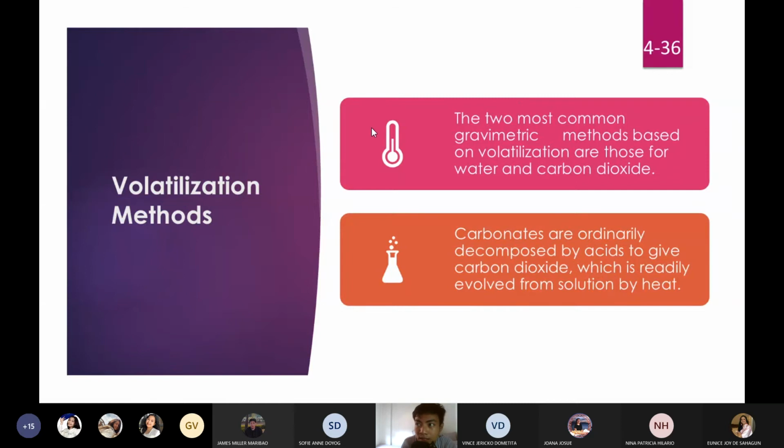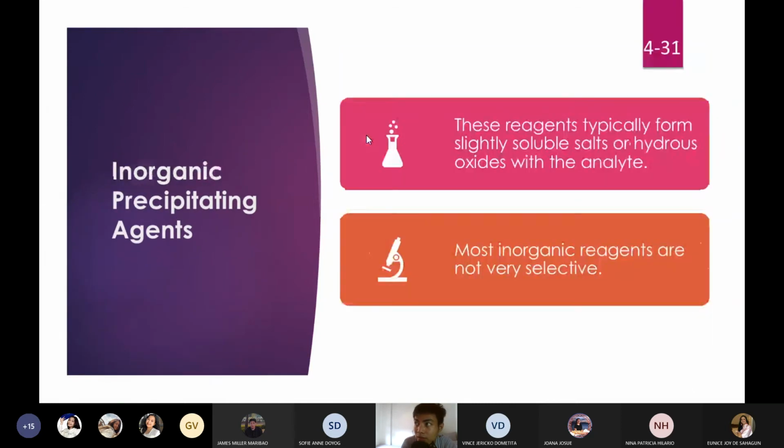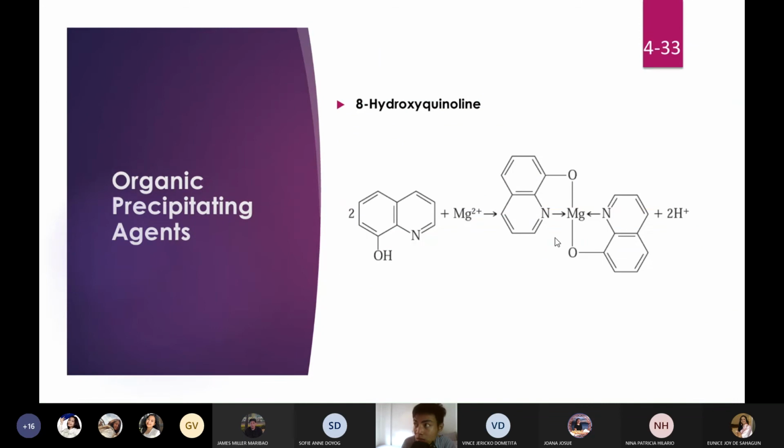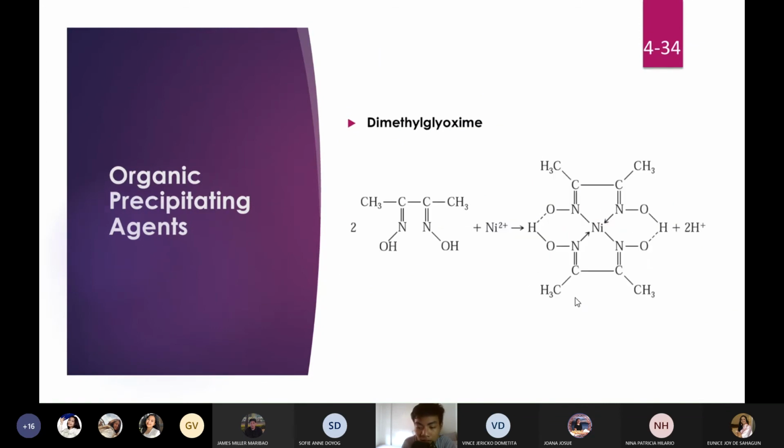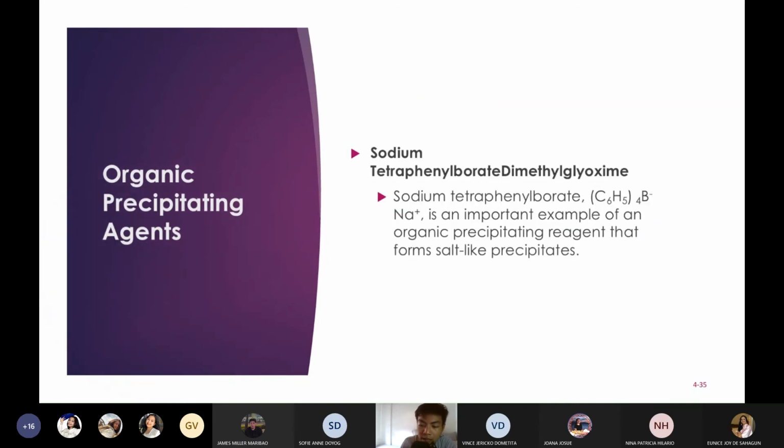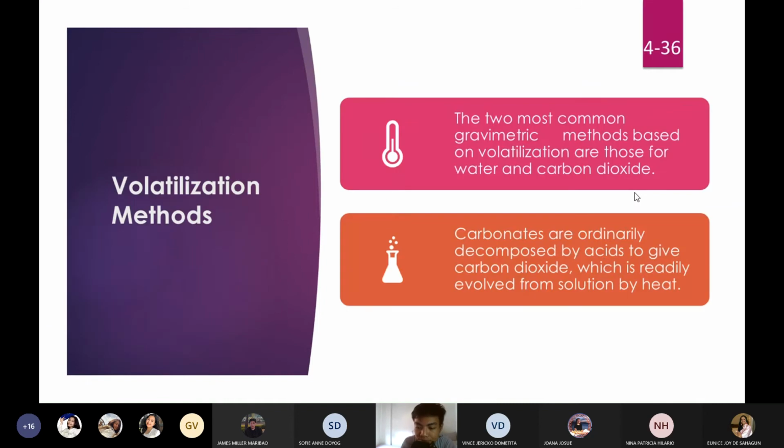Okay. So, basta ang idea lang dito is that other than ions, pwede ka rin gumamit ng ibang molecules to do the precipitation reaction. Pwedeng hydroxyquinoline, dimethylglyoxime, and the sodium tetraphenyl borate. For volatilization method naman, ito nakwento ko na to.